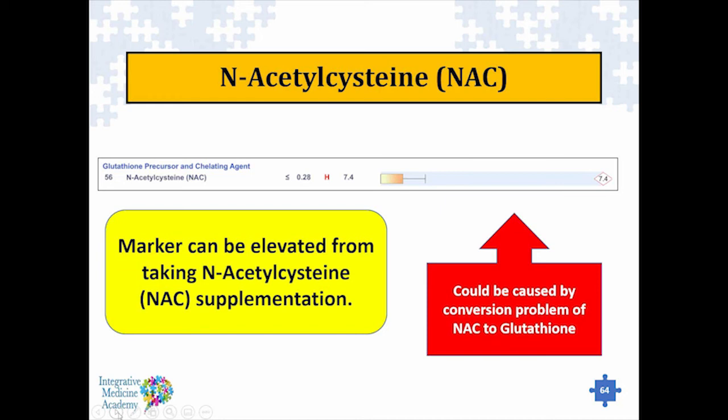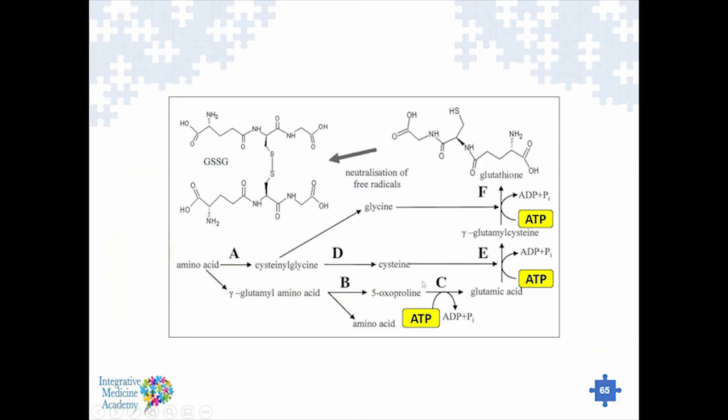Another reason that the N-acetylcysteine might be high is that there's a conversion problem occurring, where cysteine is not being converted into glutathione. It could be because of an enzyme block.